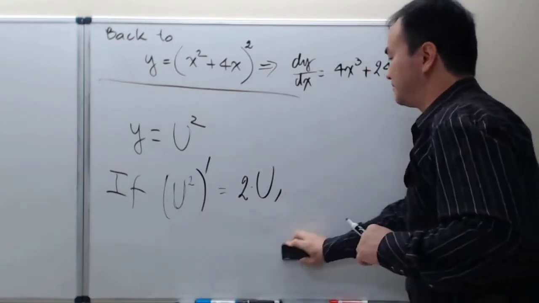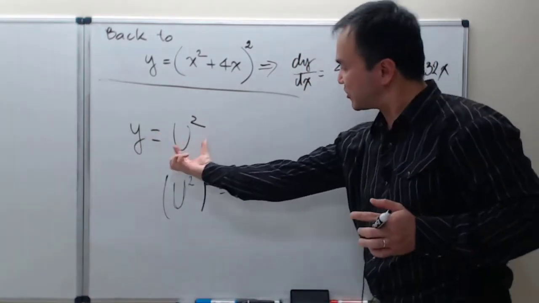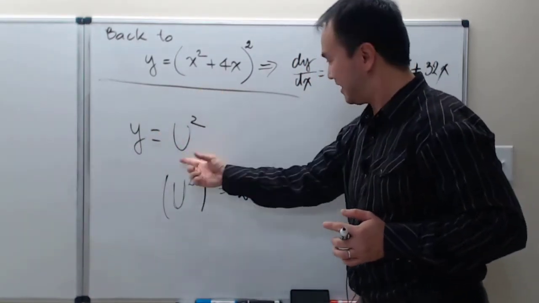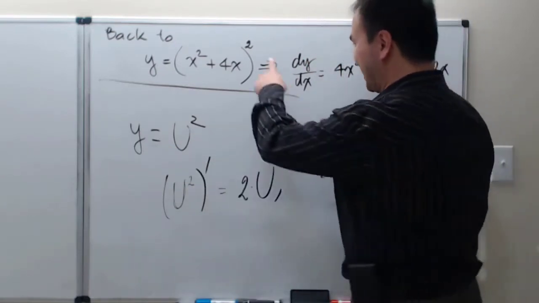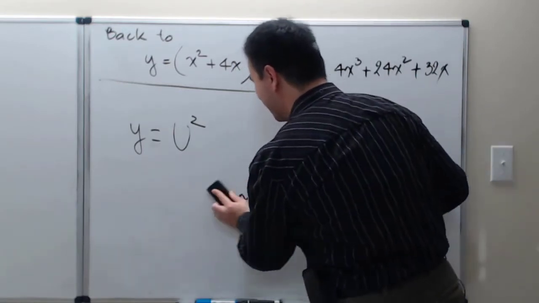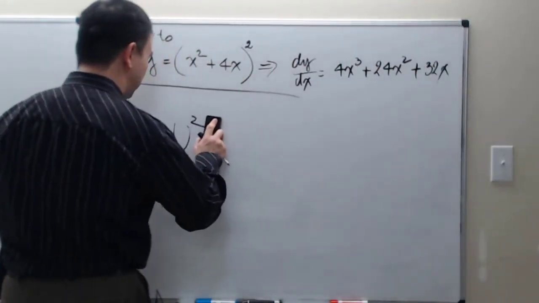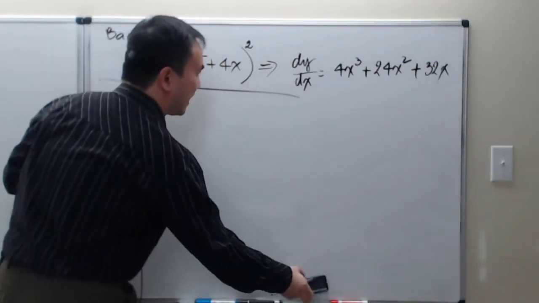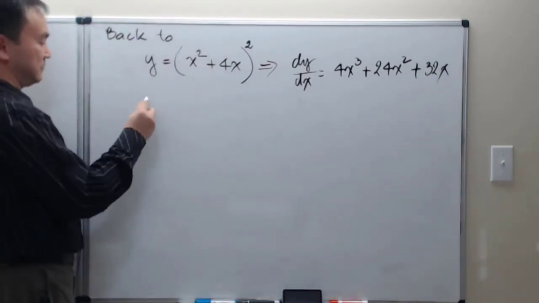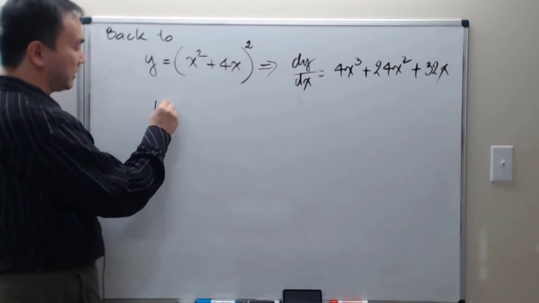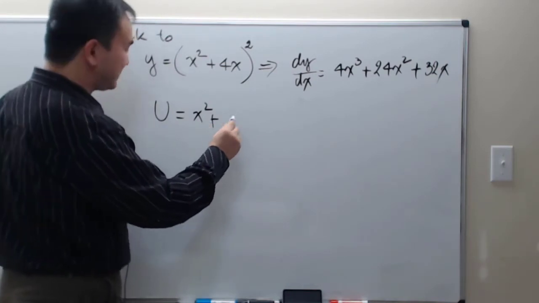We already observed that if the function was simply u squared, so much like this one. If we have a direct look at this beginning problem, think about formally letting u equal x squared plus 4x.